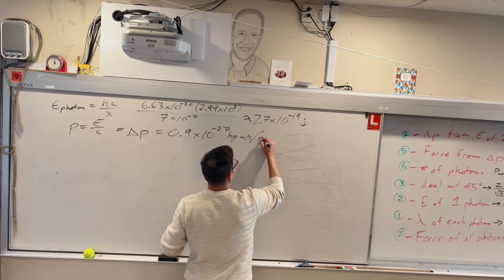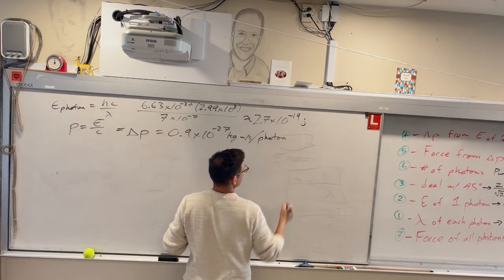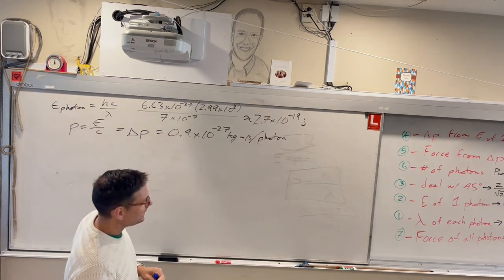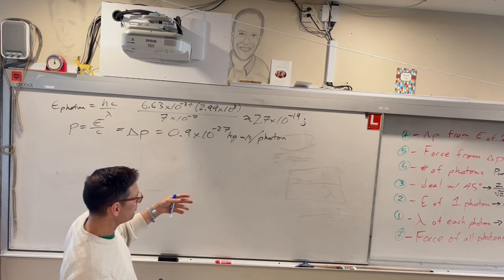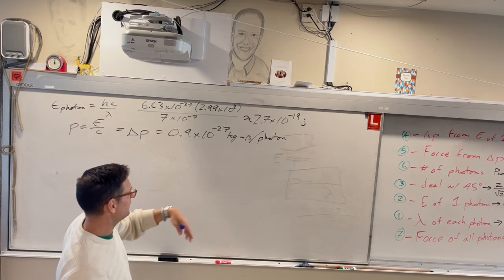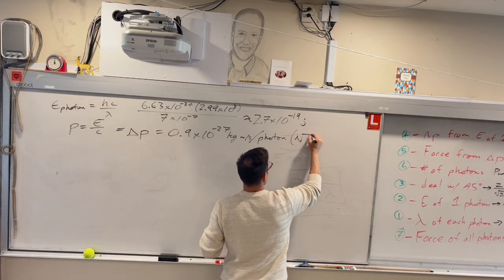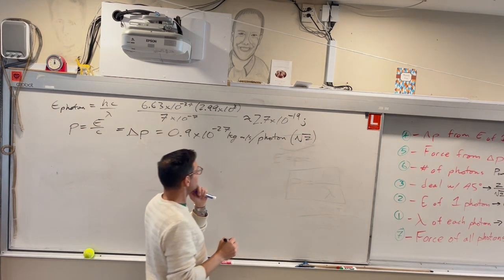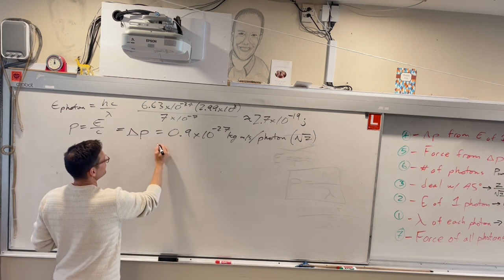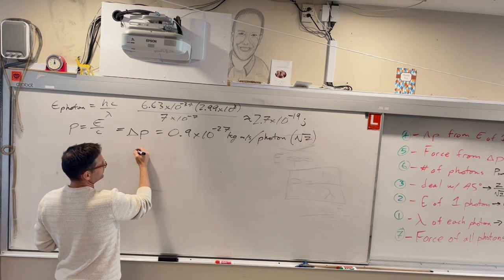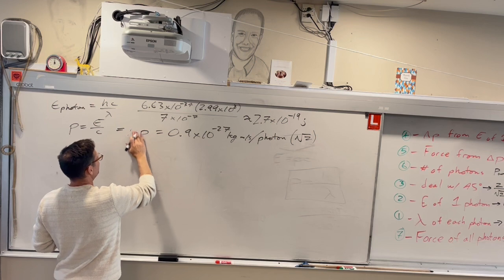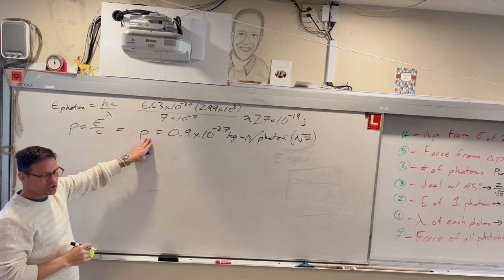So this is per photon. And that is going to be multiplied by my 45-degree thing, which is really just times root 2, which is 1.4. So we'd say this is just the momentum of the photon, not the change in momentum.